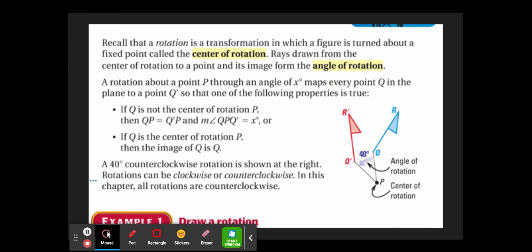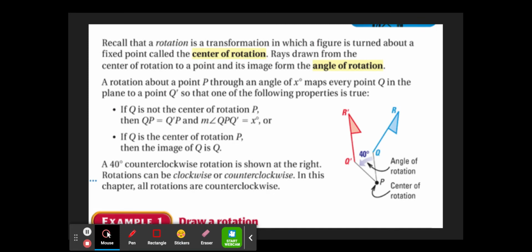So if we're going to rotate and map every point to a prime point, so P to P prime, Q to Q prime, R to R prime, that type of stuff, one of the following things needs to be true if it's a rotation. Here in this particular example we have Q. If Q is not the center of rotation P, then QP equals Q prime P, and the measure of angle Q P Q prime is x degrees.